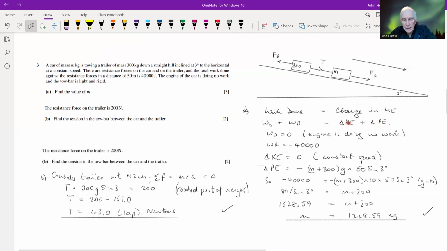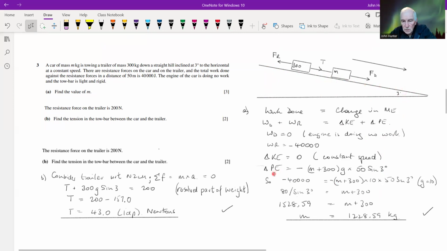Well, the change in kinetic energy: constant speed, so there is no change in kinetic energy. That is 0. The change in potential energy is basically this distance that we're coming down. As we're traveling 50 meters down there, and this is 3 degrees, that is going to be 50 sine 3.